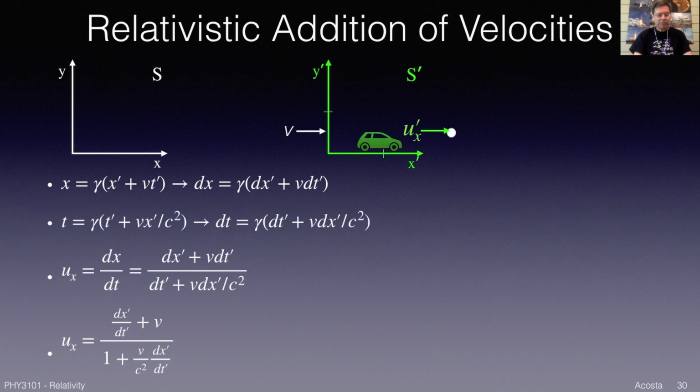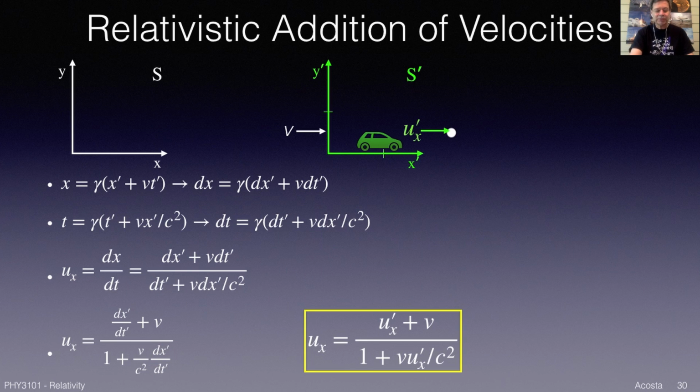And now what we can do is divide both numerator and denominator by dt prime. That'll cancel the dt prime in the numerator, leaving just v, and that'll give me dx prime over dt prime in the numerator. In the denominator, I'm also dividing by dt prime, so this dt prime cancels and becomes 1. I have the v over c squared, and then this dx prime becomes dx prime over dt prime as shown here.